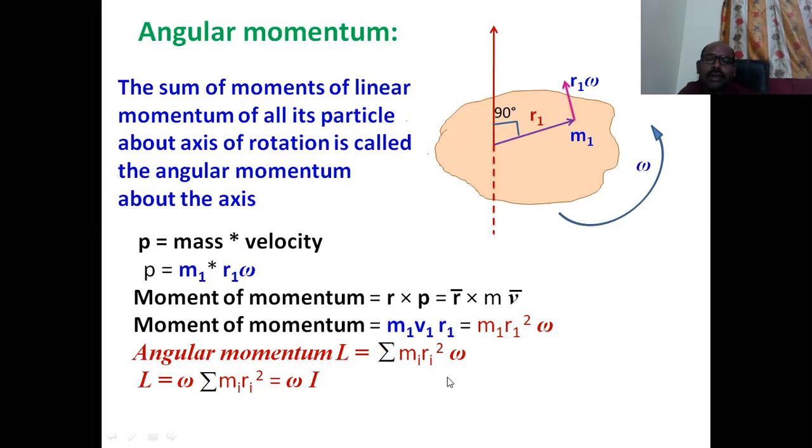But before, in the previous slide, we have studied that summation mi ri square is equal to I, that is the moment of inertia of the body about a particular axis of rotation. So then L is equal to omega into I, that is, L is equal to I omega.